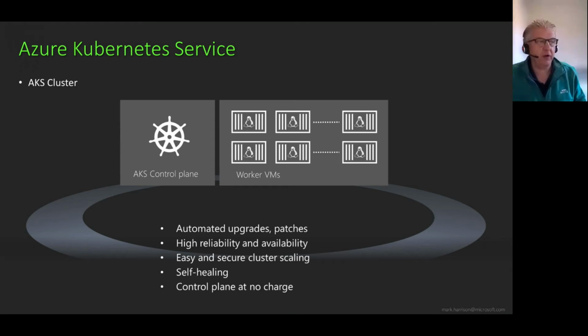That's just part of the service. And we don't charge for the control plane. If you install standard Kubernetes, you've got to pay for those VMs. In the case of AKS, for that control plane, there's no charge. So it's just a lot simpler to run Kubernetes. All you really do is use that interface into your compute environment, and it's going to do things like make sure it's upgraded and fully patched.